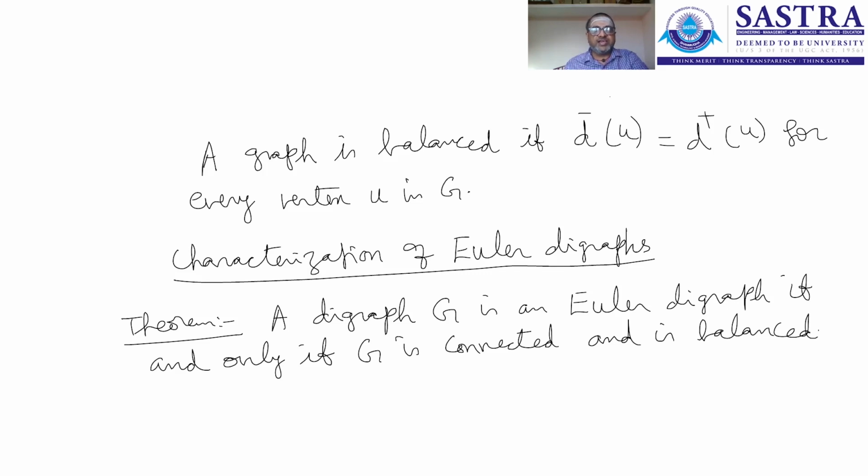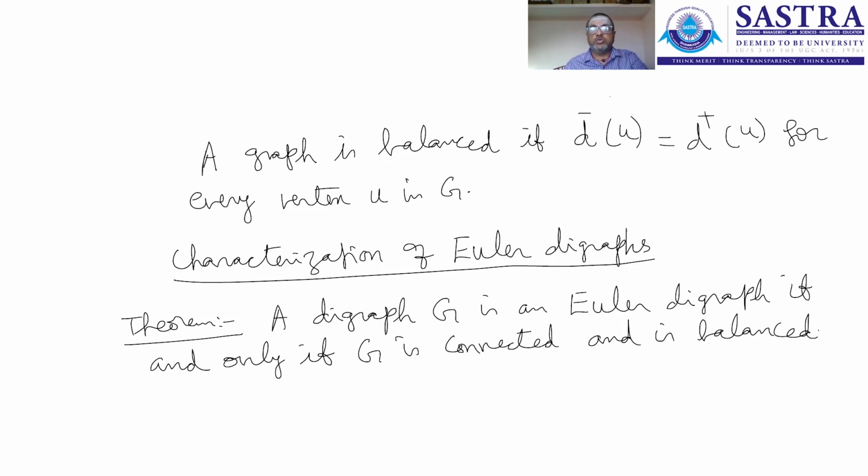So, this is the characterization which I have already given you as a hint here. What is the statement? A digraph G is an Eulerian digraph if and only if G is connected and balanced. When I say if and only if, both the conditions are true. That is, when a graph G is connected and balanced, then it will be an Eulerian digraph.